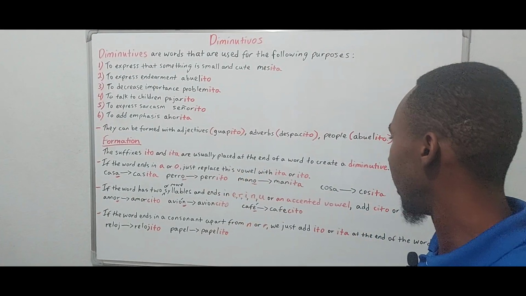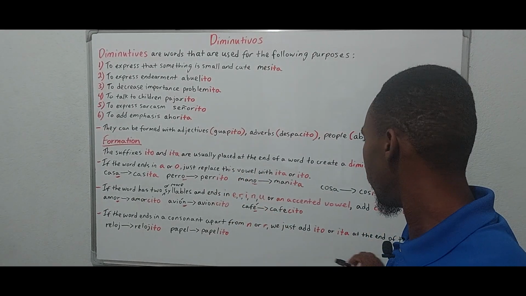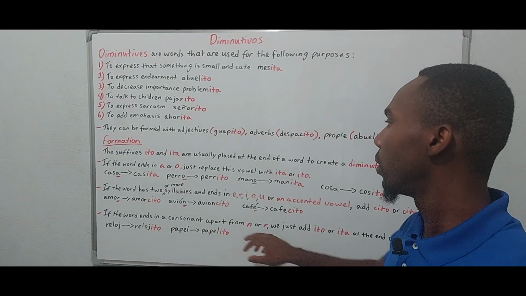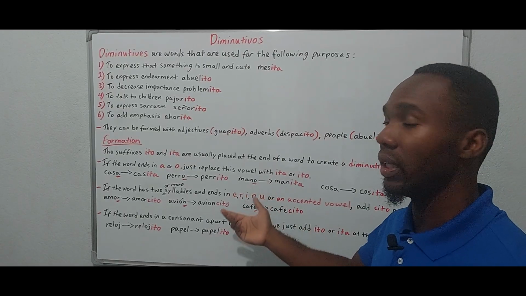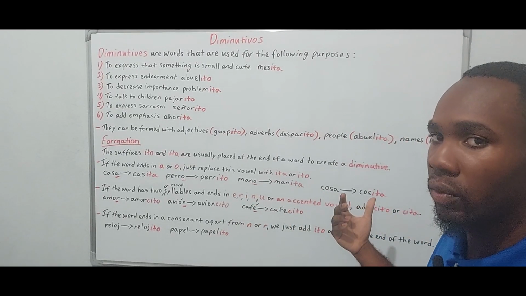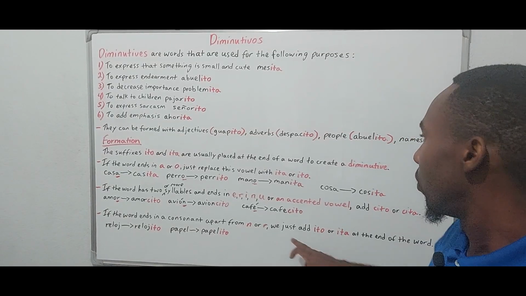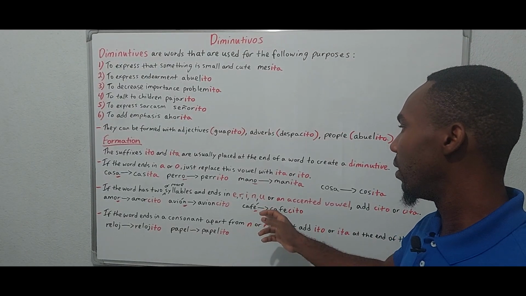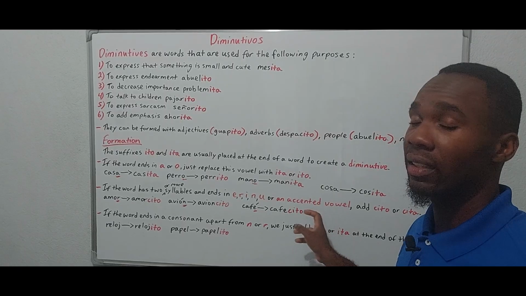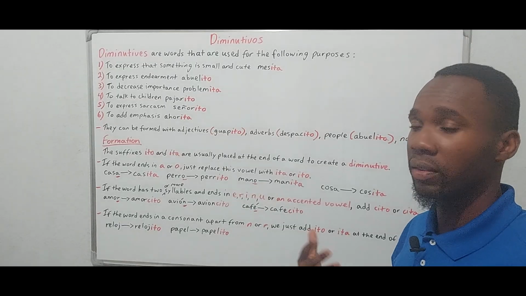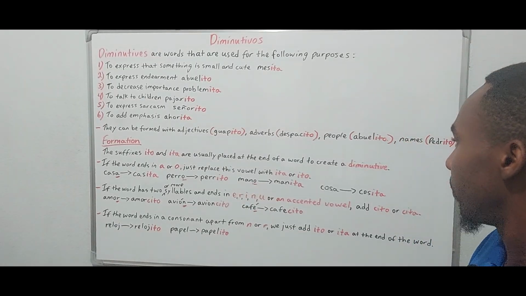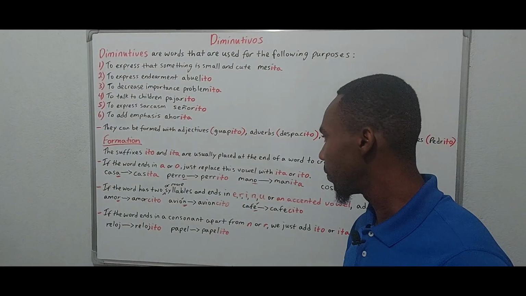So two or more, and it ends in these letters, we add cito or cita. So café ends in an accented vowel. Therefore, it becomes cafecito, once again because it's masculine. All right. Muy bien.